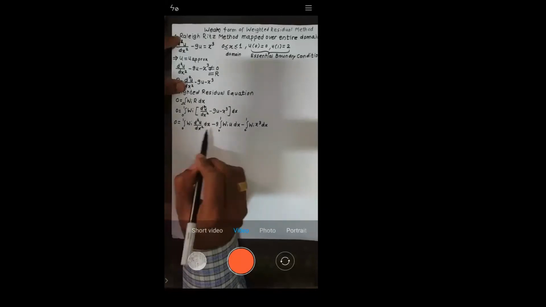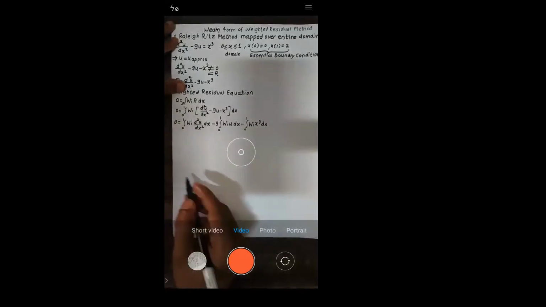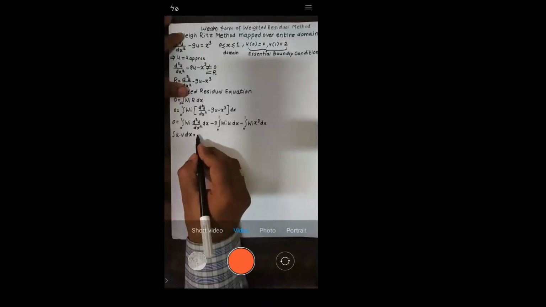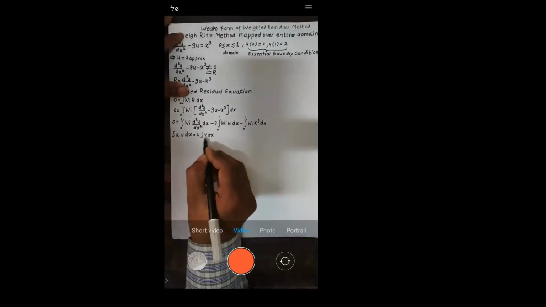Okay, so see what is integration u into v dx? Tell me, what is the integration of u into v dx? U as it is, into integration of v dx, minus the derivative of u into the integration of v dx.